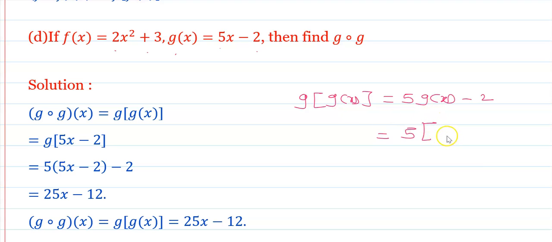What is the g of x? G of x is 5x minus 2 and here is a minus 2. Okay, that is 5 into 5x means what? You will get 25x minus 10 minus 2 and then you will get here 25x minus 12. Okay, 25x minus 12.